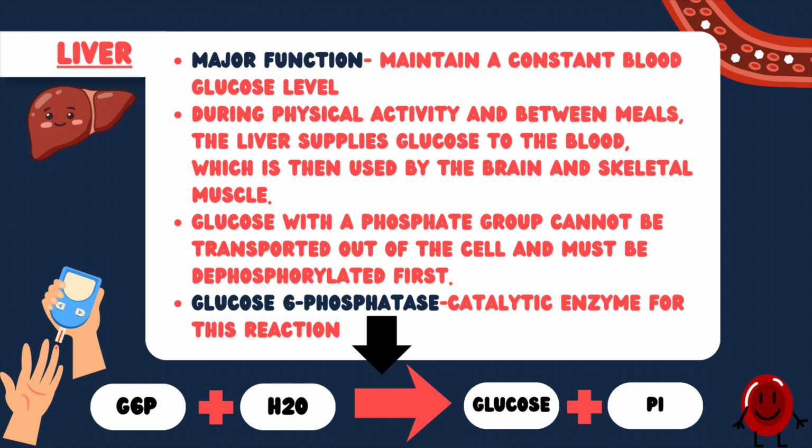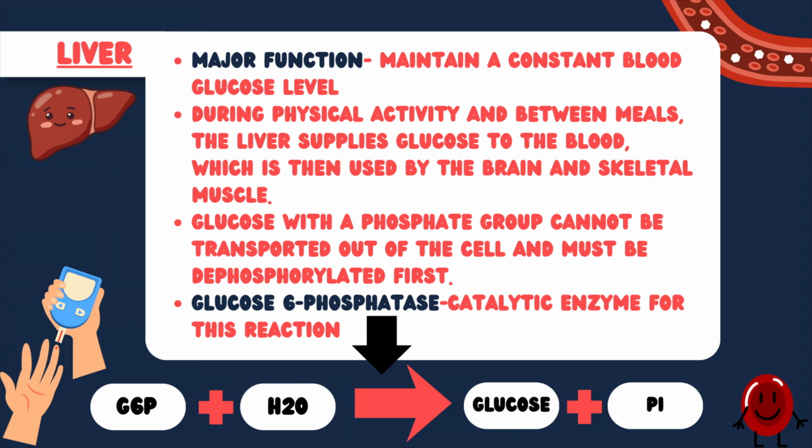Glucose with a phosphate group cannot be transported out of the cell and must be dephosphorylated first. This is shown in the reaction below, where glucose 6-phosphate plus H2O, water, is turned into glucose and an inorganic phosphate.